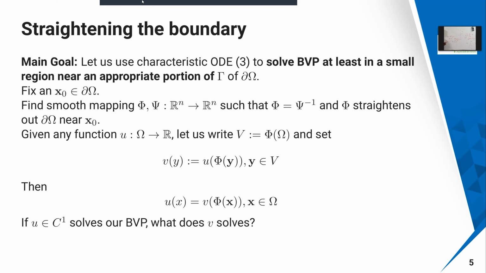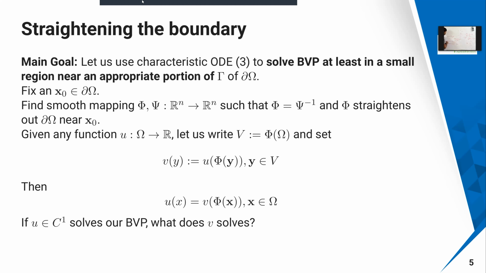For this u, I am going to obtain v of y equal to u of pi of y, where y belongs to V. So u is a mapping from omega to R. Now I choose V to be pi of omega.